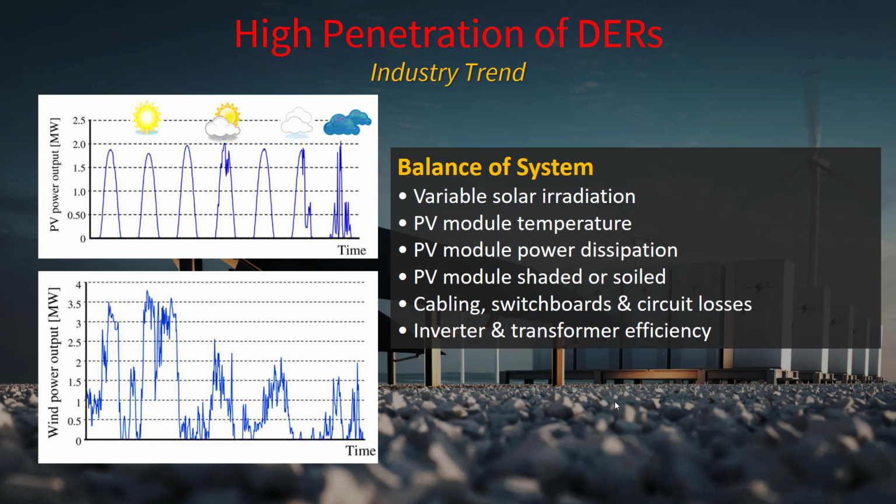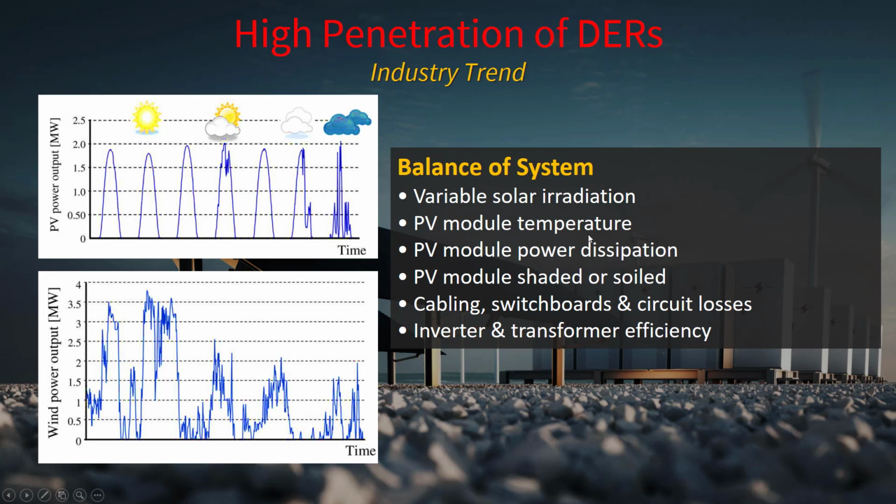But before we get to the integrated VVO, let's just talk really quick about high penetration of DERs, which is essentially an industry trend where PVs and wind turbines have intermittency and a dependency on voltage and reactive power. This dependency on voltage and reactive power to produce real power has an effect on the balance of the system.